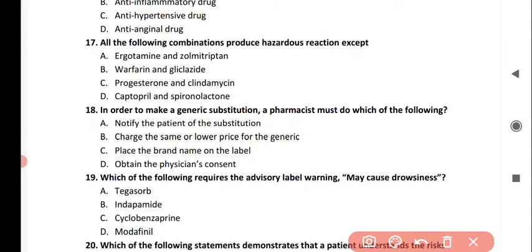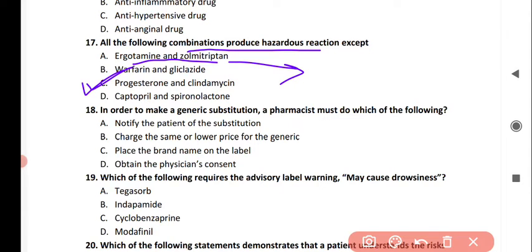The next question is, all the following combinations produce a hazardous reaction except, so we have to find the combination that will not produce a hazardous reaction. The combination is progesterone and clindamycin. This combination will not produce any hazardous reaction, unlike ergotamine and zolmitriptan.